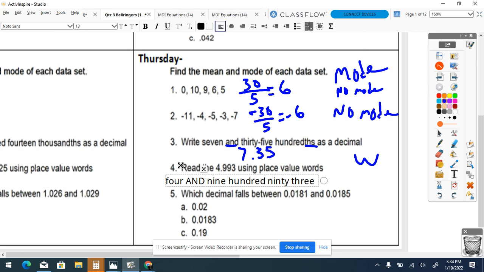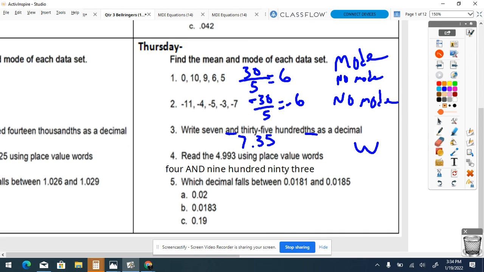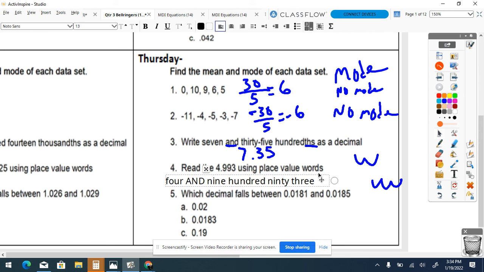And then what? How many digits do I have? If you look at my decimal, I go over 1, 2, 3 times. So I go tenths, hundredths, thousandths. So 3 times over is thousandths. So 4 and 993 thousandths. Oops, I typed that way wrong.